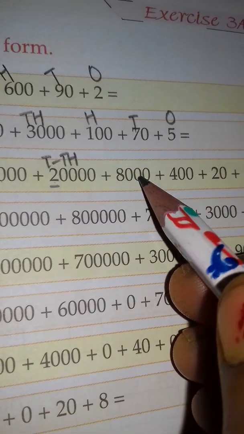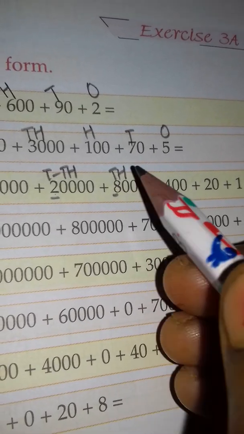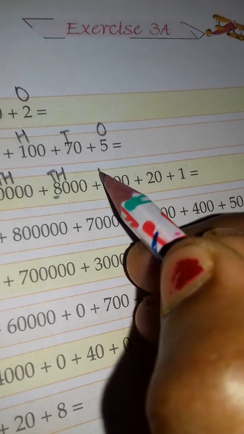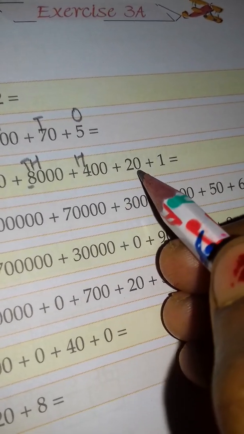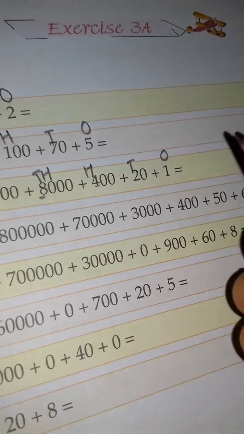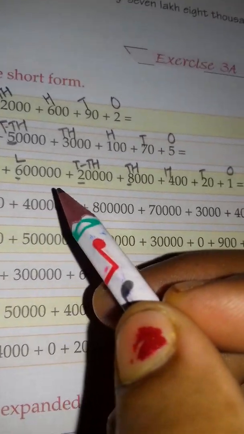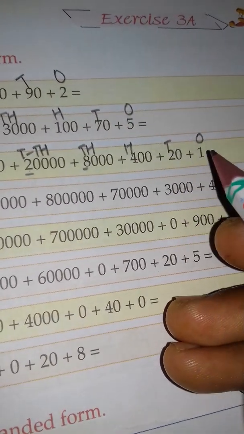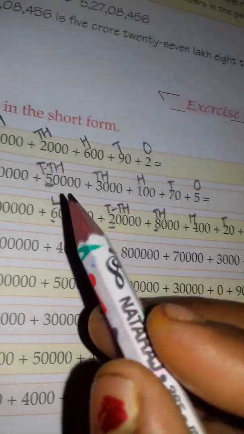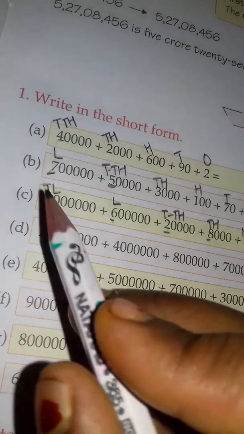Then 8 at 1000. Then 4 at 100. 2 at tens, 1 is at ones. So according to the place value, how will it move? Ones, tens, 100, 1000, 10,000, lakh, 10 lakh. It moves till 10 lakh, the lakh period.